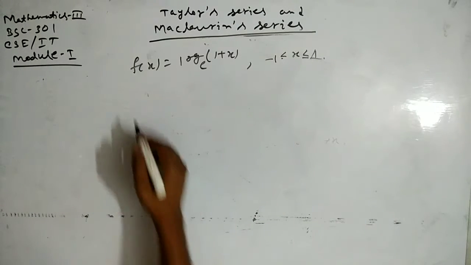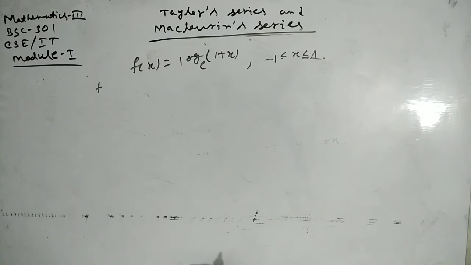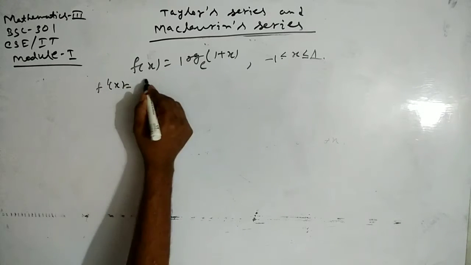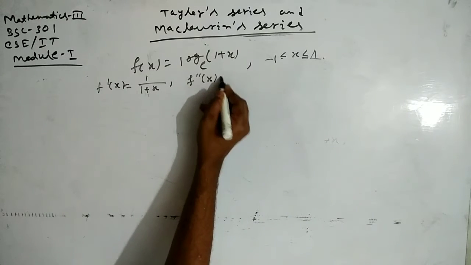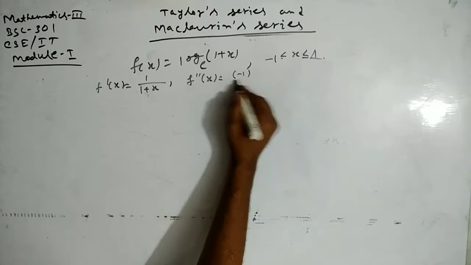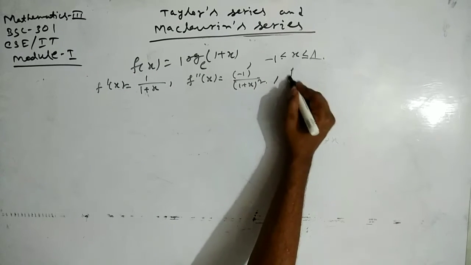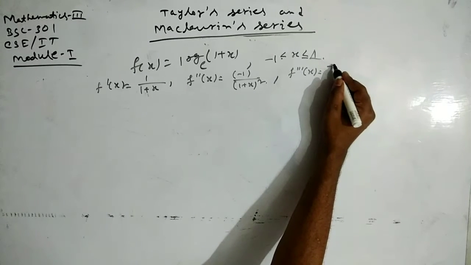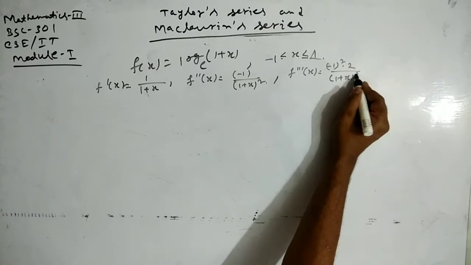fx is log of 1 plus x, so first we have to find the nth order derivative of this function. f dash x is 1 by 1 plus x, f double dash x is minus 1 by 1 plus x whole square, and f triple dash x will be minus 1 whole square into 2 by 1 plus x whole cube.